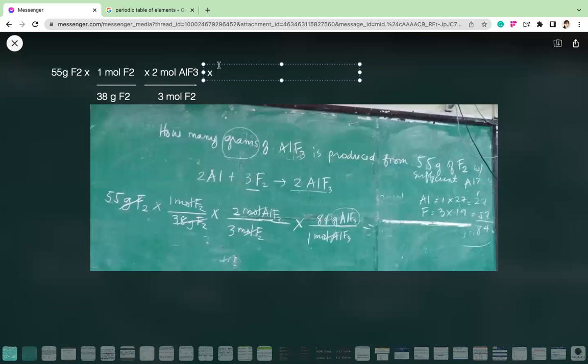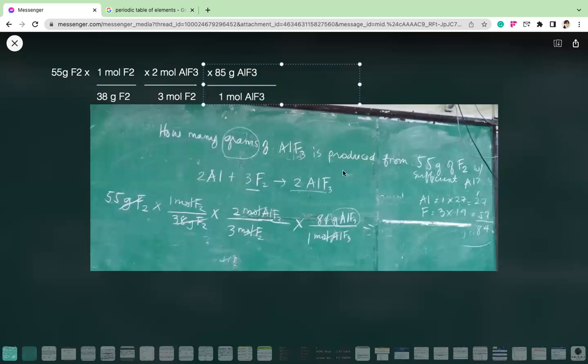Okay. Tama? Kasi 3. Plus, ano yung mass ng aluminum? 27. Very good. So, ano total mass? 84. So, 84 grams of AlF3 is equal to 1 mole. Tapos, yes, 1 mole ma-cancel na lang.